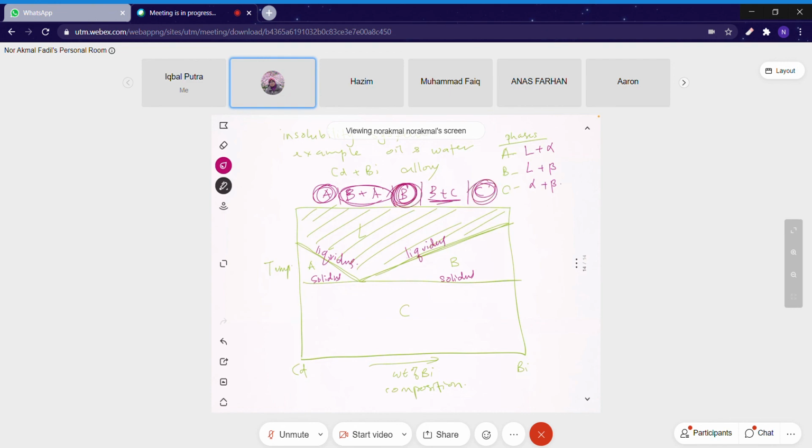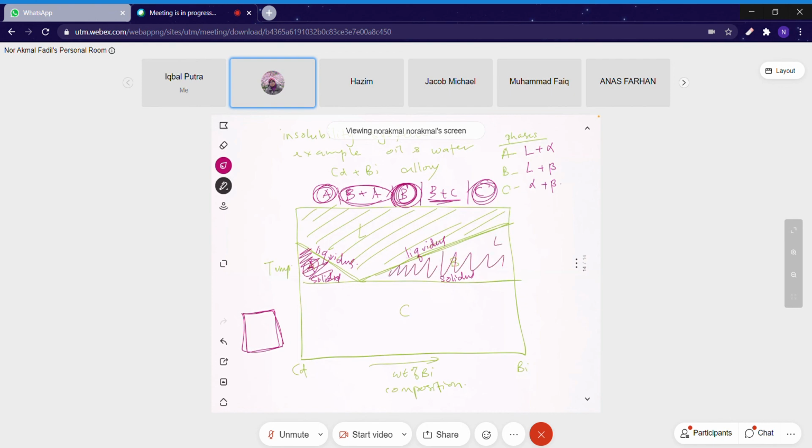So now, for region A, what is on the left for region A? Alpha and beta for the left side. Alpha and beta. Or which side? Yes. For region A, what I'm trying to say is regions A and B contain liquid.